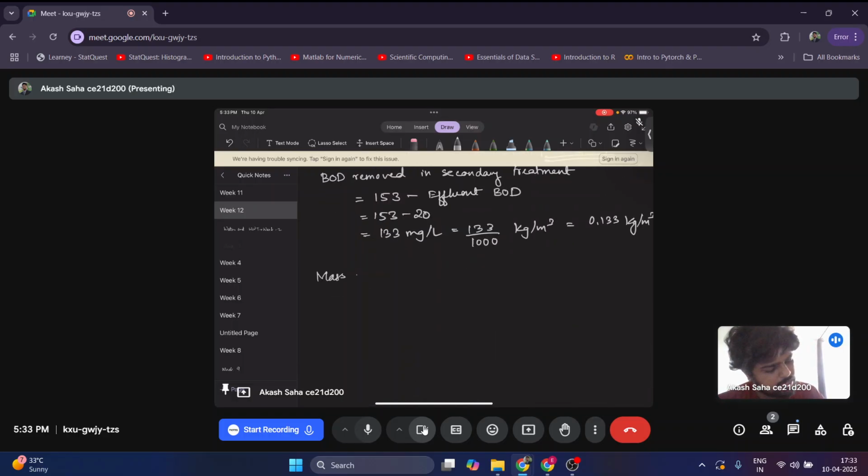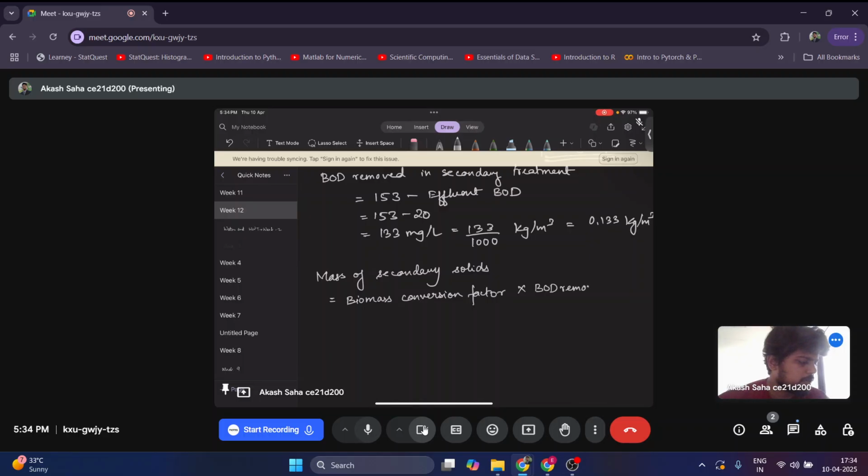So mass of secondary solids will be equal to my biomass conversion factor into BOD removed into Q. So that is 0.35 into 0.133 into 19,000.